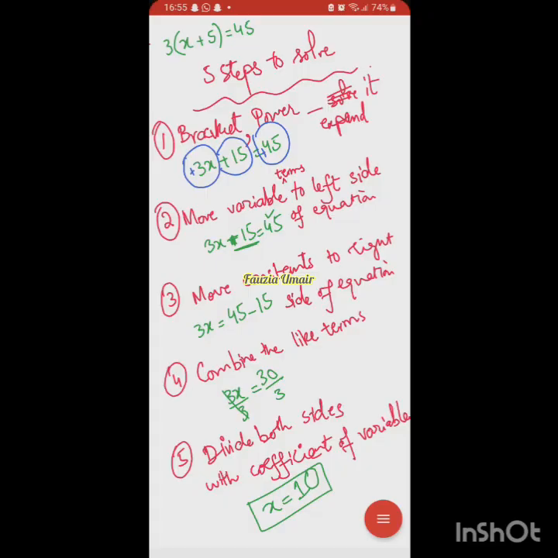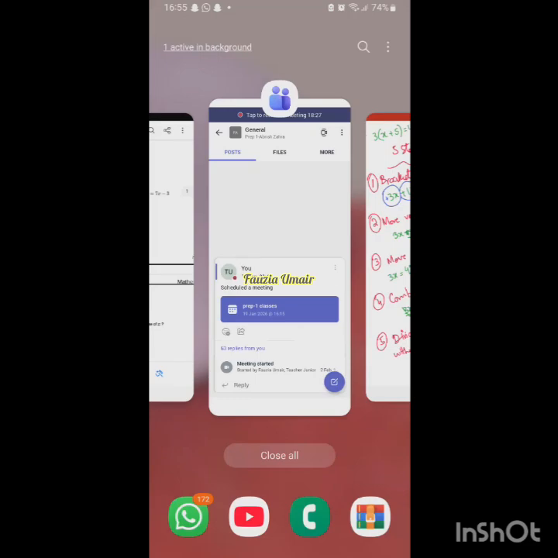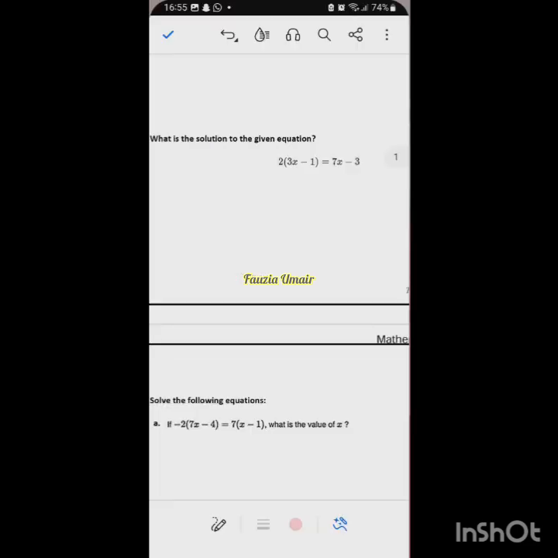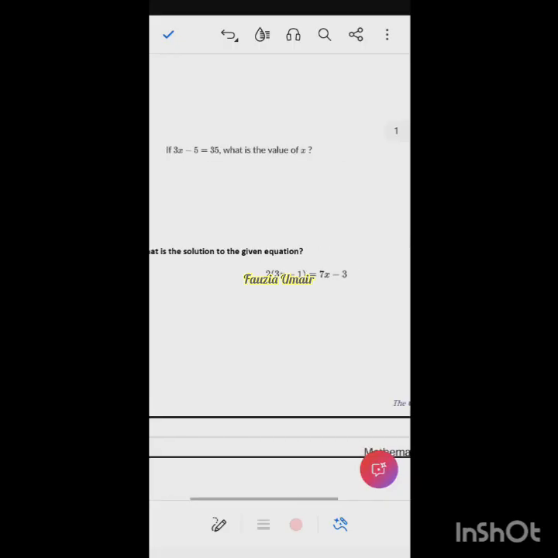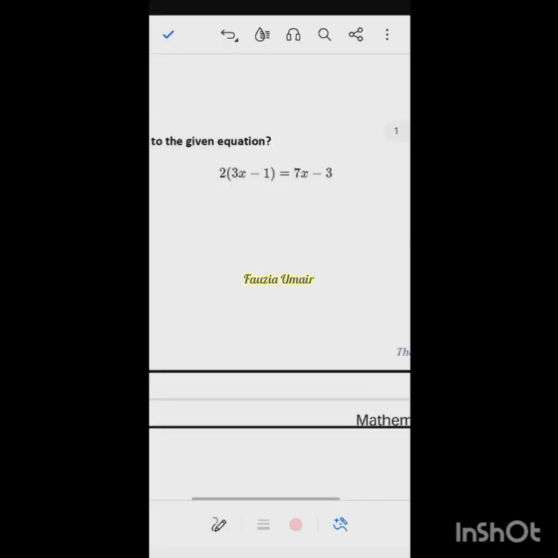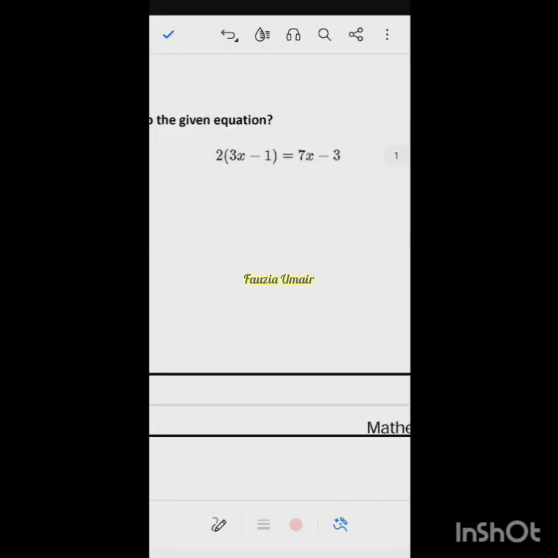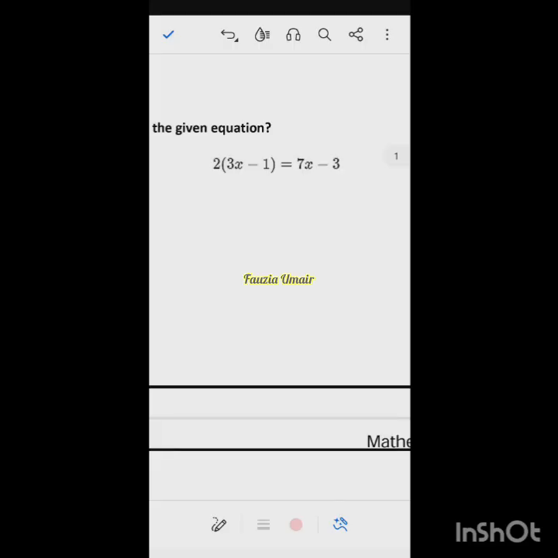Yes. All right. So now let's solve a few questions of this worksheet. Let's solve this question. Can you see the question, beta? Yes. So what is the first step, Abrish?